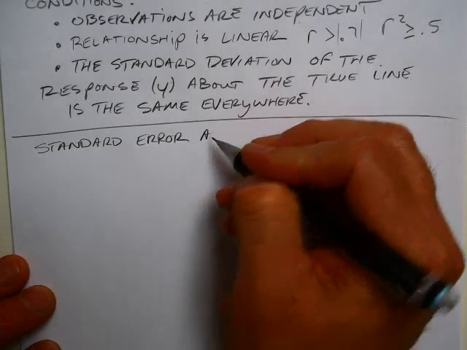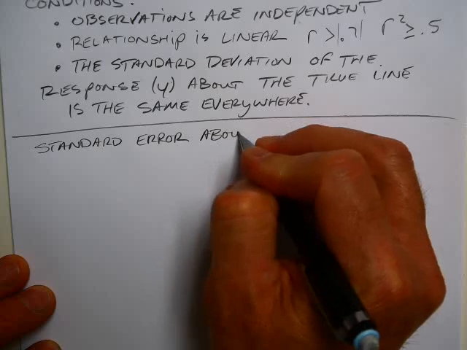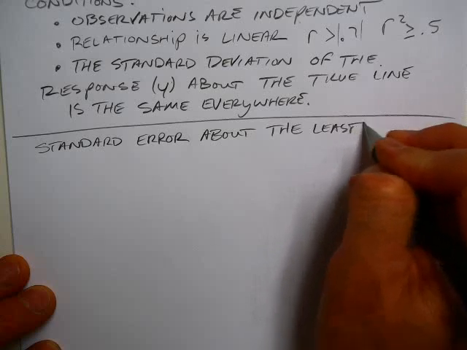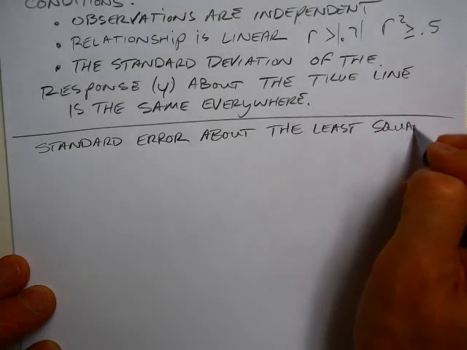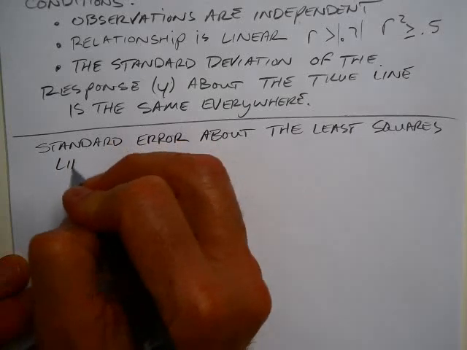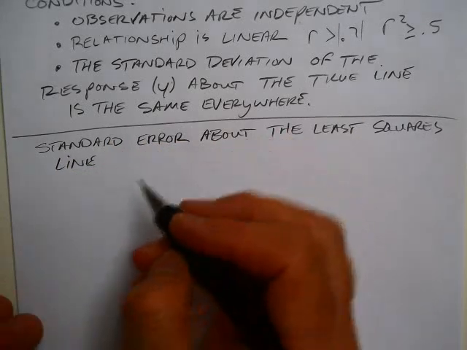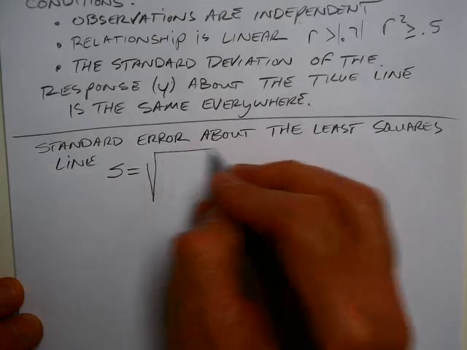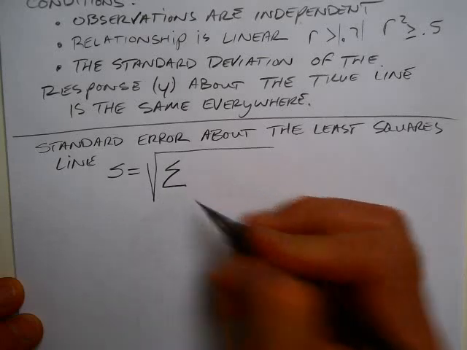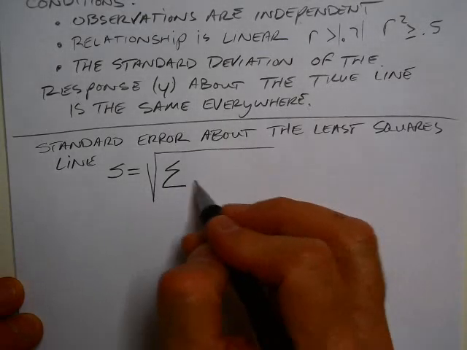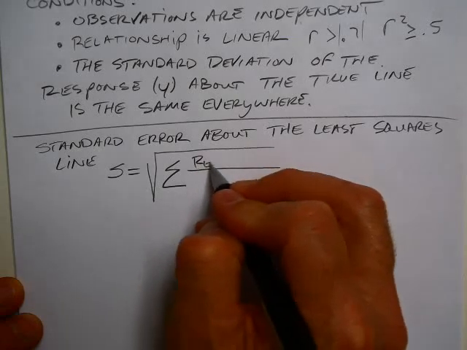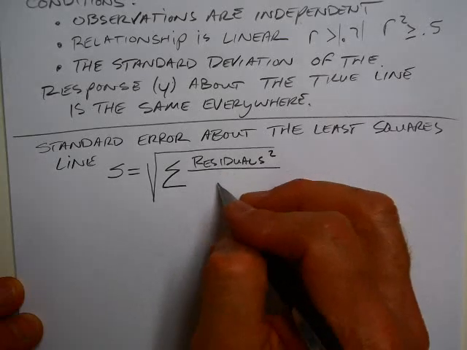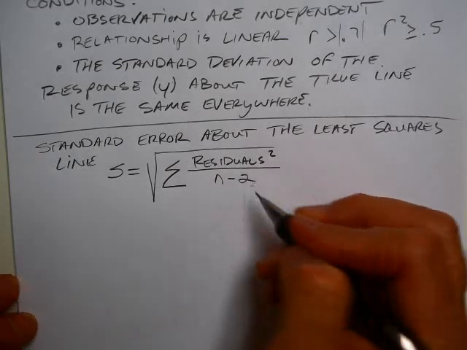Standard error about the least squares line, which is the line of regression, is S equals the square root of the sum of the residual squared divided by n minus 2.